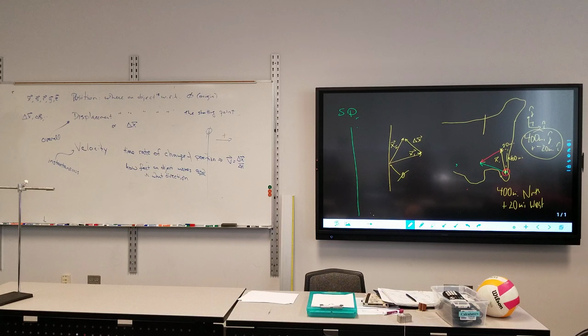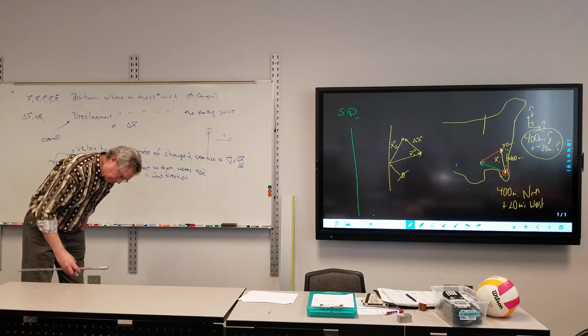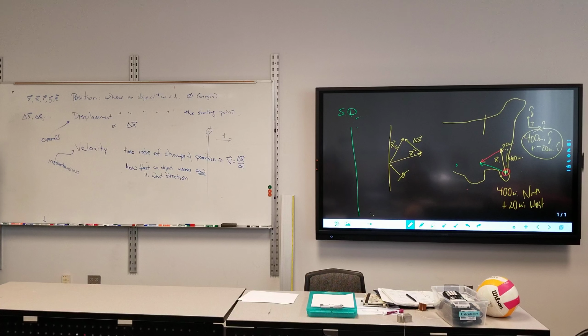Give people a chance to catch up before we do the next round of plus, minus, zero. Still assuming the same starting point, same origin, same positive direction.